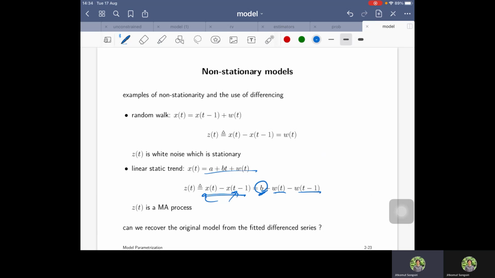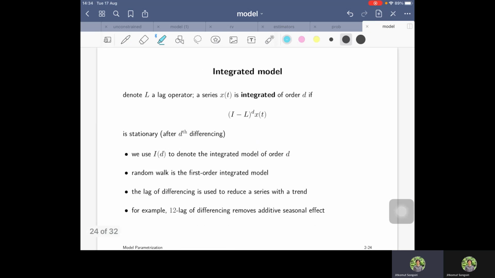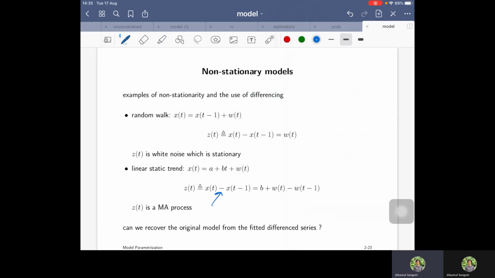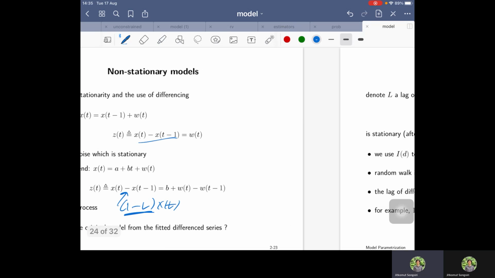You see that when you have a linear static trend, the differencing still works. If you subtract x_{t-1} from x_t, just work it out, then you get the constant b, and then you have the difference term in noise. This is a moving average process with a constant mean. But that constant, of course, is not dependent on time. So it seems like there's a nice technique, very simple differencing, and that becomes a part of non-stationary time series models. We use L as a lag operator. If I come back here, we represent it as 1 minus L times x_t.